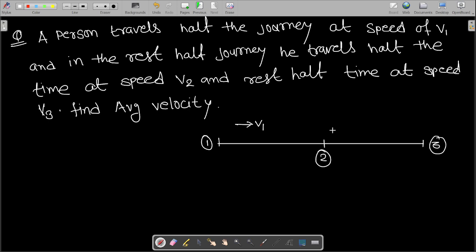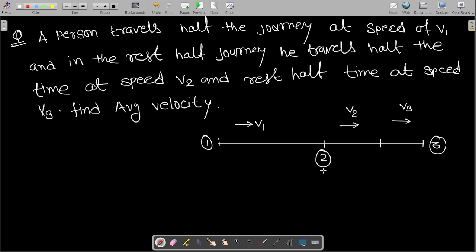And the rest half of the journey, from point 2 to point 3: he travels half the time at speed v2 and half the time at speed v3.